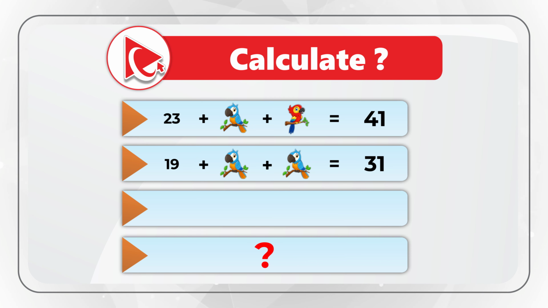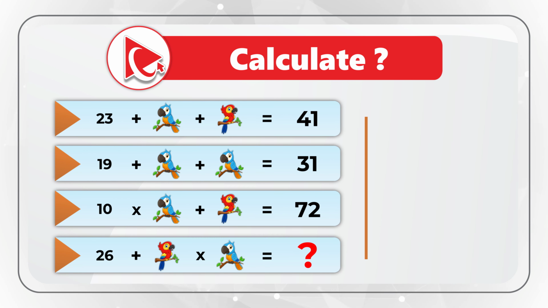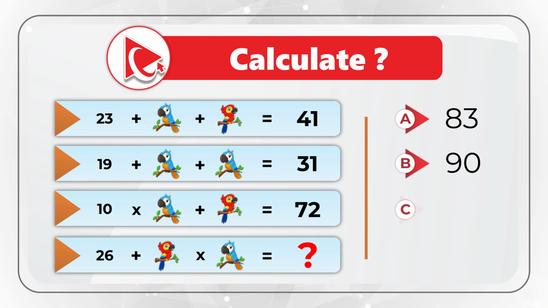Third equation is 10 multiplied by blue parrot plus red parrot equals 72. And last but not least, the expression is 26 plus red parrot multiplied by blue parrot equals the missing value. You need to select the missing value out of 4 possible choices. Choices A, 83, choice B, 90, choice C, 98, and choice D, 107.